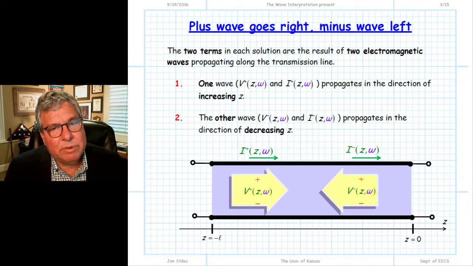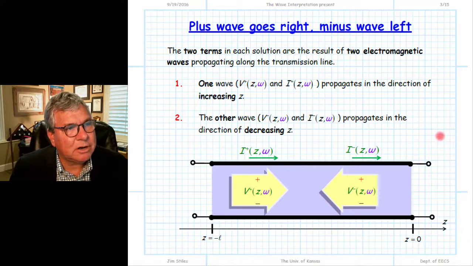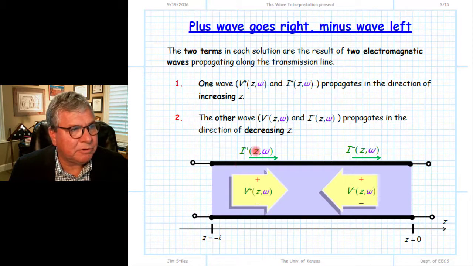So schematically, we can represent these plus wave voltage and current and minus wave voltage and current on our transmission line. And I usually write them in some form, let's say that's shown here. The current that we have on our transmission line, again, is a superposition of the plus wave current and the minus wave current. But we're going to look at each of those two current components individually.